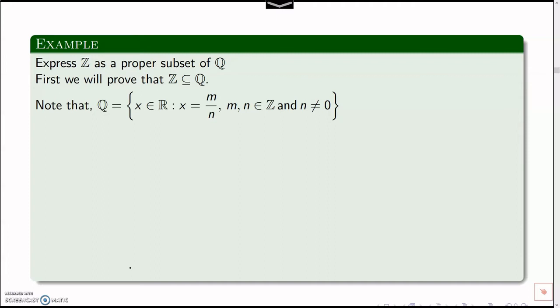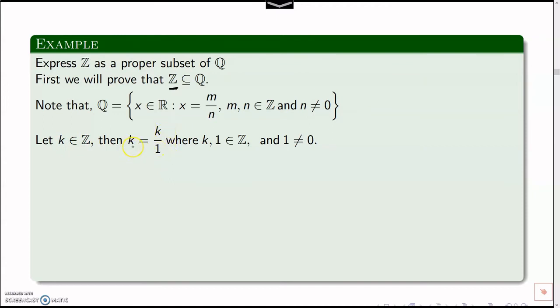Before that, how do we represent rational numbers? Rational numbers is nothing but the set of all real numbers x such that x is equal to m by n, where m and n are integers and n is not equal to 0. Okay, we know this is the set of rational numbers. So what I'll do, I'll pick up one element in Z here. Let k belong to Z. Then I can always write k as k by 1, because k by 1 is equal to k.